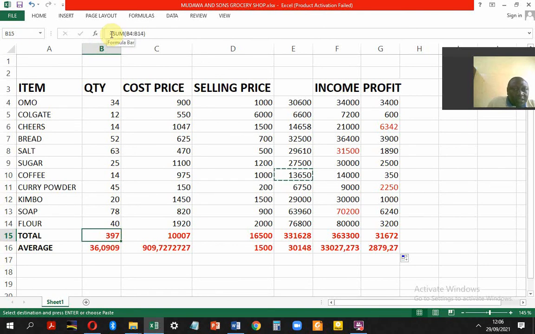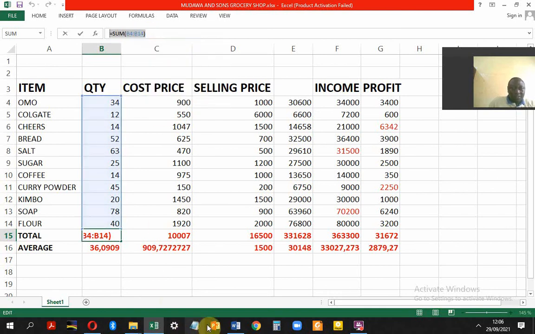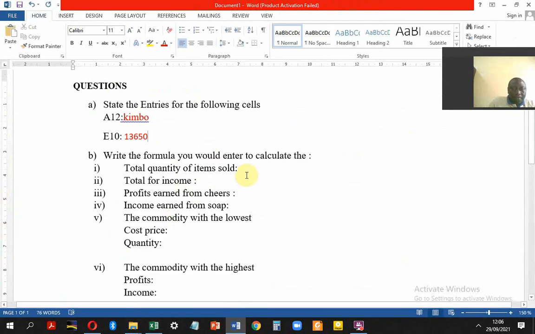We say the equal sign, sum B4 to B14. So I can just copy this, I come down here, I put this answer there, and we make it red also.